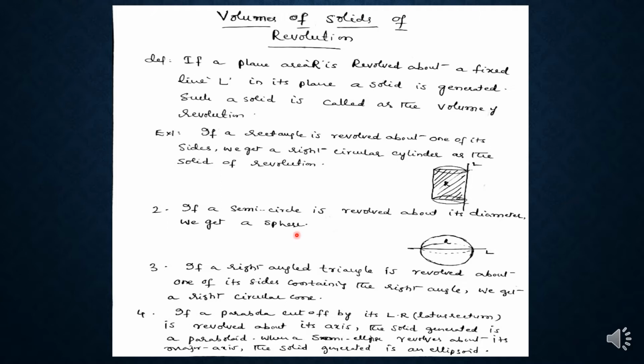One more example: if a parabola cut off by its latus rectum is revolved about its axis, the solid generated is called a paraboloid. Similarly, when an ellipse revolves about its major axis, the solid generated is called an ellipsoid. So we can find the volumes of such solids by using integral calculus.